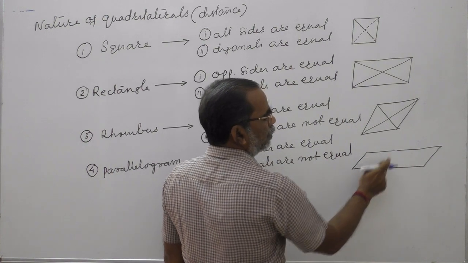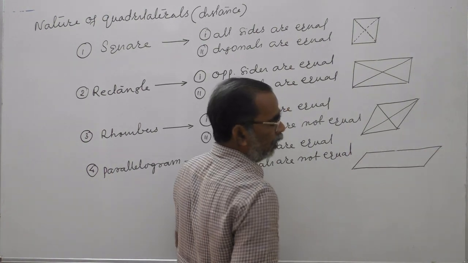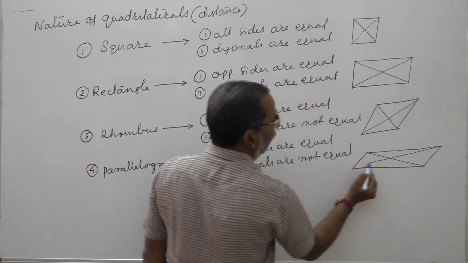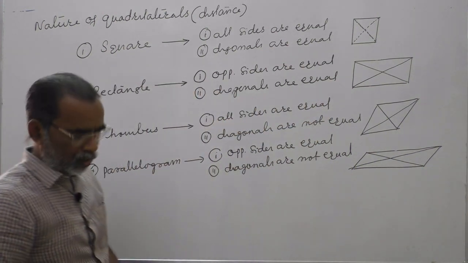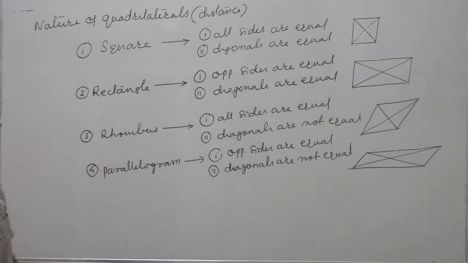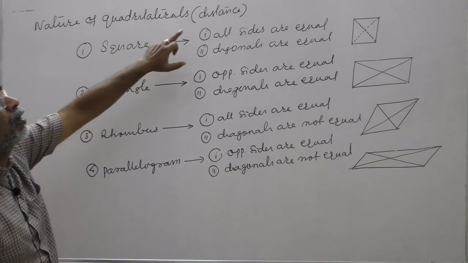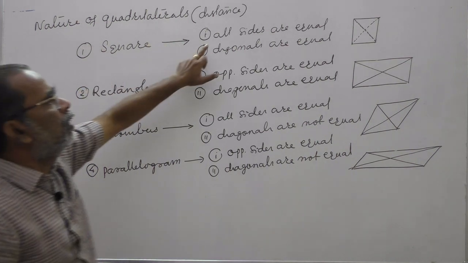See, opposite sides, this and this are equal, another pair also equal. You can observe from the figure, diagonals are not equal. So these are the 4 basic quadrilaterals. Differentiation of these 4 using distance properties.